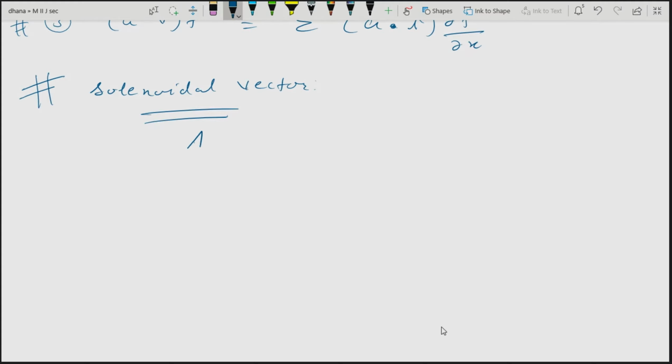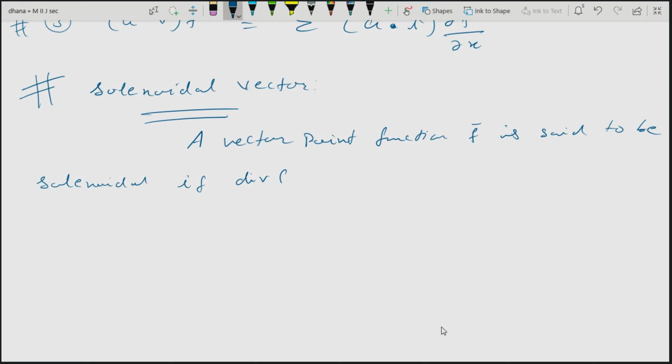How will you prove it? A vector point function F bar is said to be solenoidal if divergence of F bar is equal to 0.